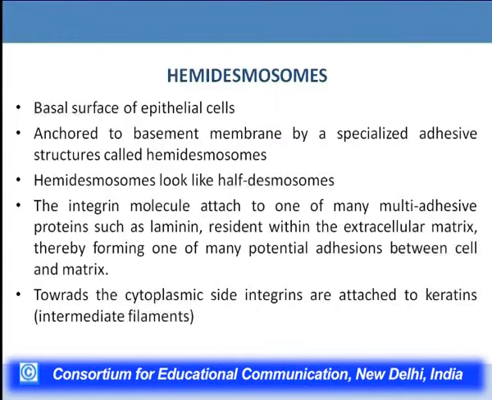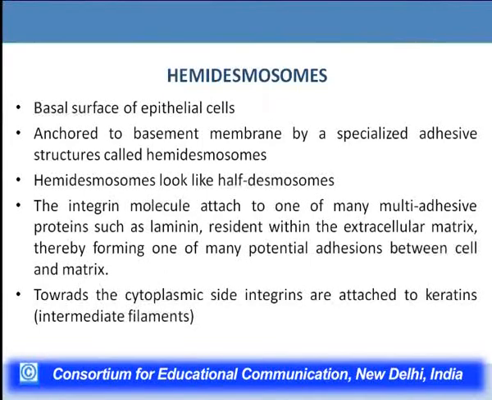Now what exactly are hemidesmosomes? They are basically found on the basal surface of the epithelial cell, from where they are bound to the basement membrane. These epithelial cells are bound to the basement membrane by specific structures which are also known as half desmosomes. Herein the integrin molecules attach to one of the ECM proteins like laminin or fibronectin and make contact with the ECM.